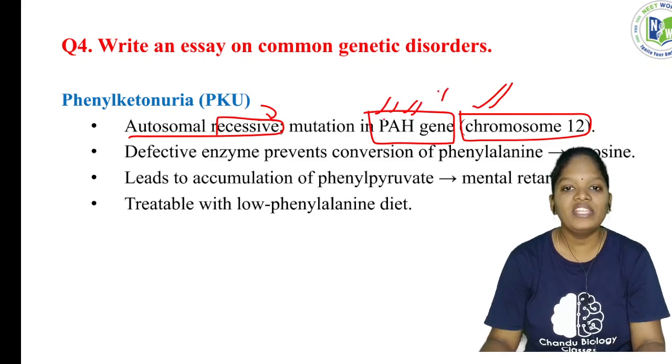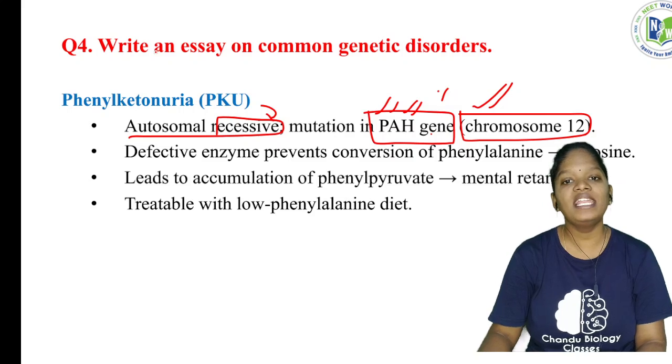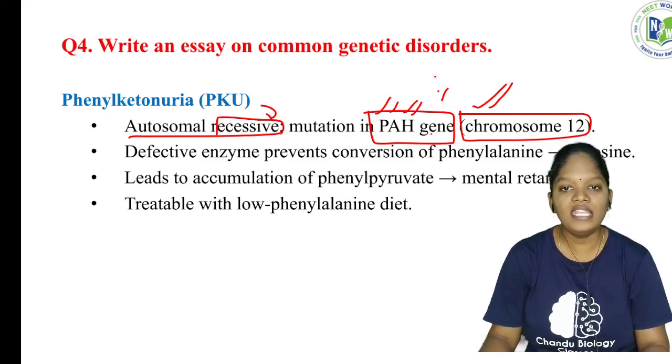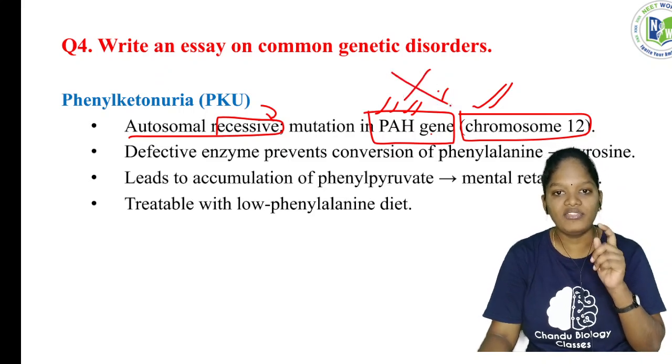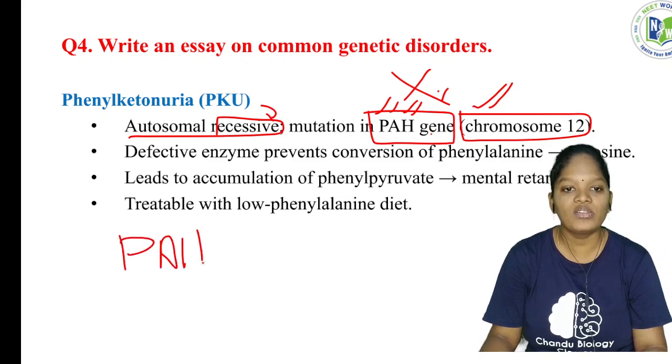Phenylalanine hydroxylase gene. So this gene is responsible for producing the phenylalanine hydroxylase enzyme. As this gene present in chromosome 12 is getting affected, there is no point of giving the enzyme, that is phenylalanine hydroxylase enzyme.